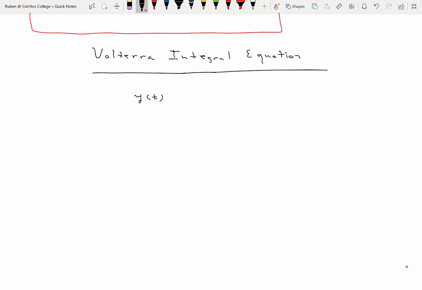It looks like y of t, that's the unknown function, equals h of t. That's sort of a forcing function, so this h of t is known, plus, and here's where it gets interesting, the integral from 0 to t of some additional known function, w of t minus tau, times that same solution function, the function we're trying to find, y of tau, d tau.